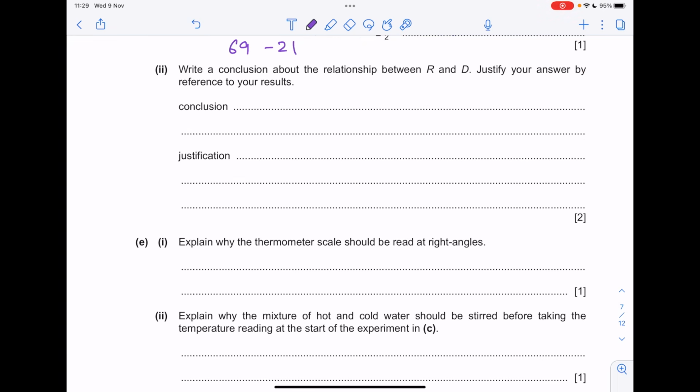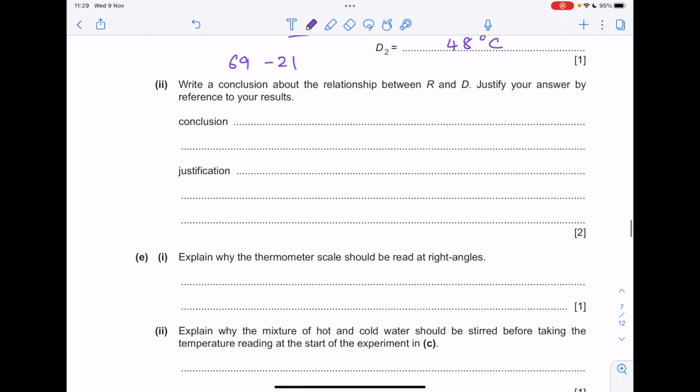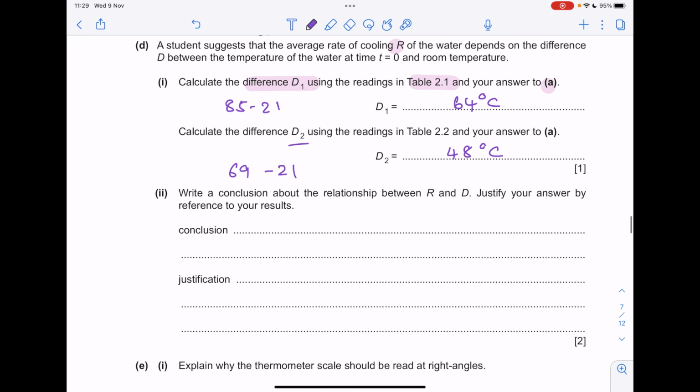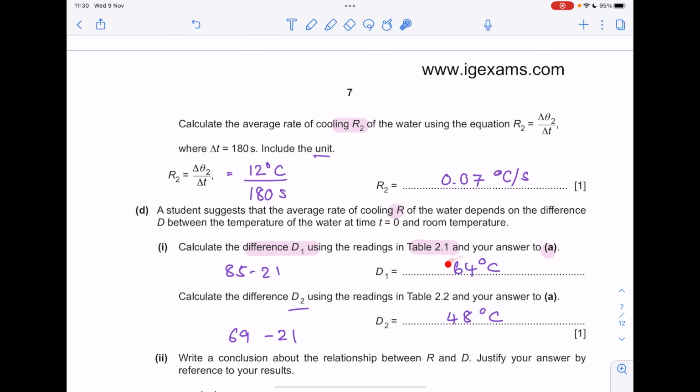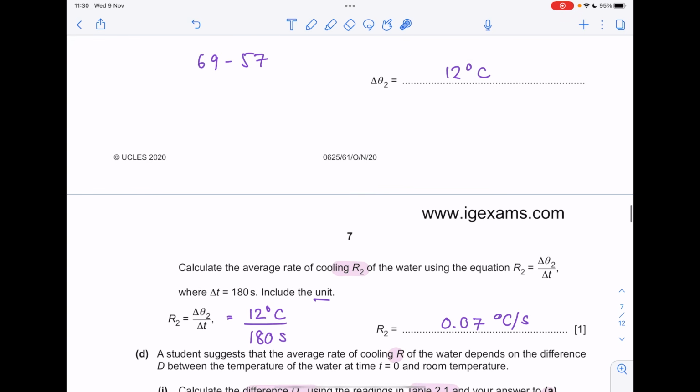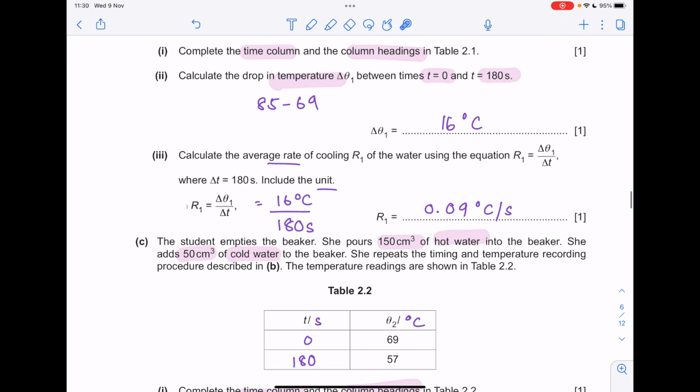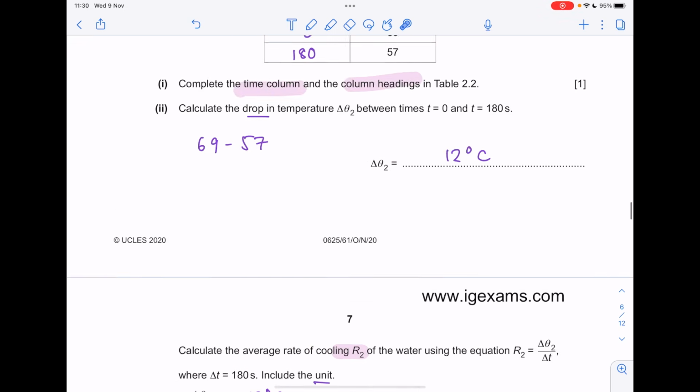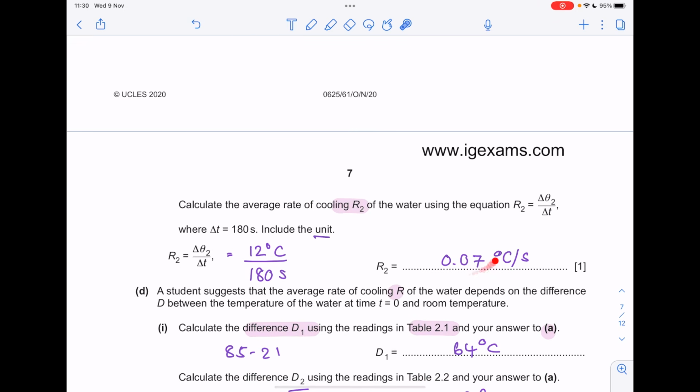Write your conclusion about the relationship between R and D. Justify your answer with reference to your results. So we can see here that there was a much larger difference in starting temperatures for D1 compared with D2. Let's now look at the rate of cooling. It was 0.09 degrees per second versus 0.07.